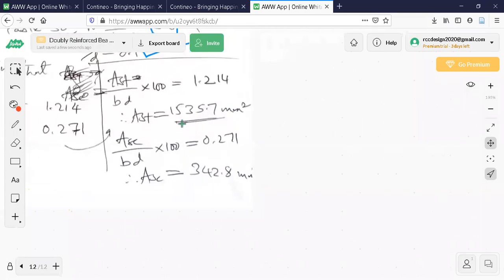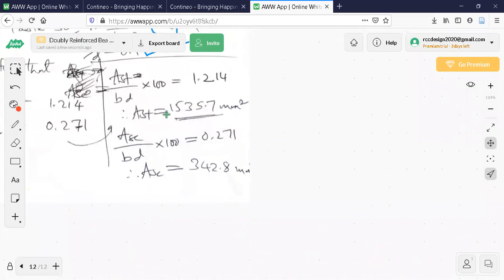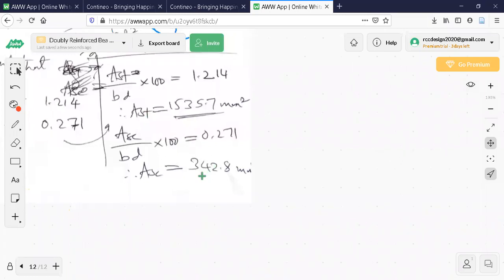Actually, you don't have to separate Ast1 and Ast2 here. Only if there is sufficient time, you can split it, because in the design I want to know how many bars are there in the tension zone. I'm not bothered about how much will be Ast1 and Ast2 in the design problems.